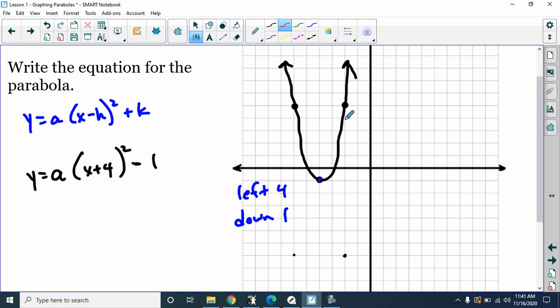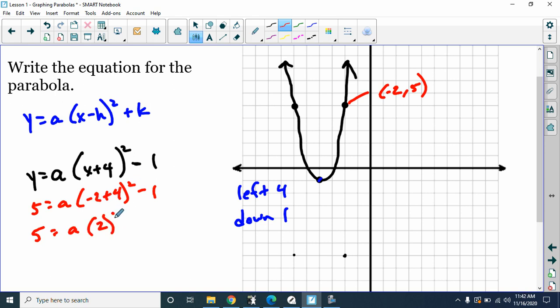(-2, 5), and plug it in for x and y. And we should be able to solve for a. That's 2 squared. This is not 3a on this side, because this is 4 times a, minus 1.